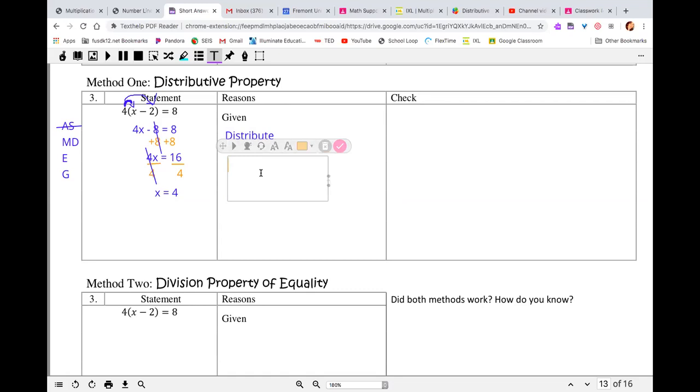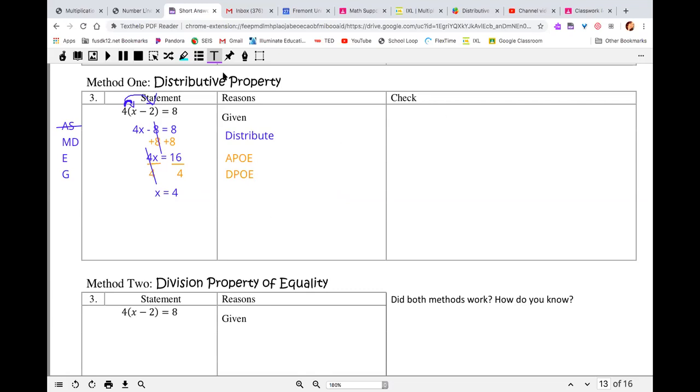Okay, did I do DPOE first, or did I do a different one first? APOE. Yeah, nice. Because over here in the orange, we added. Yeah, it said subtract, but we added it. So APOE and then DPOE. That's what I'm hearing.